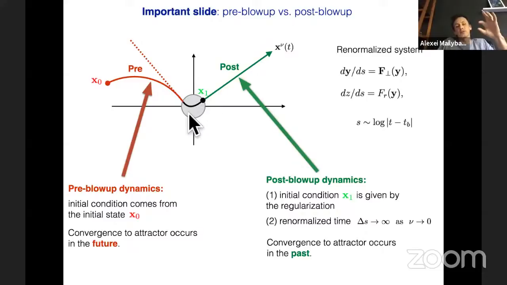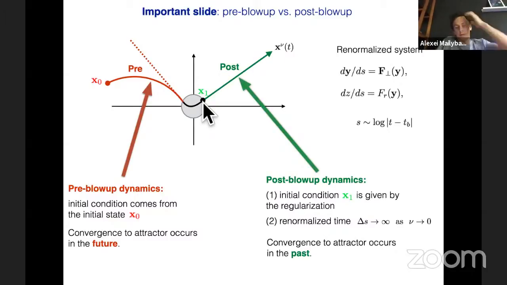As we shrink this small ball to zero, this past becomes infinite past. So when you shrink this regularization, your initial condition, which is the point when the solution comes out from the regularization region, goes to minus infinity.